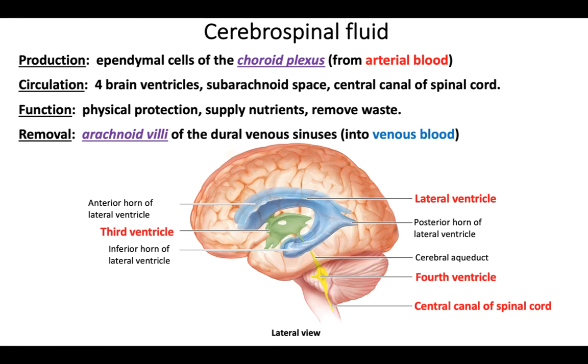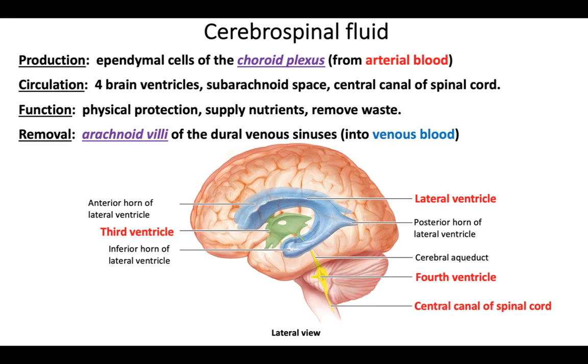Where does it put this fluid? It puts it into the dural venous sinuses. Again, those function a lot like veins in that they're going to remove that blood and deliver that blood towards the heart. All right, that's what veins do. They bring blood towards the heart.